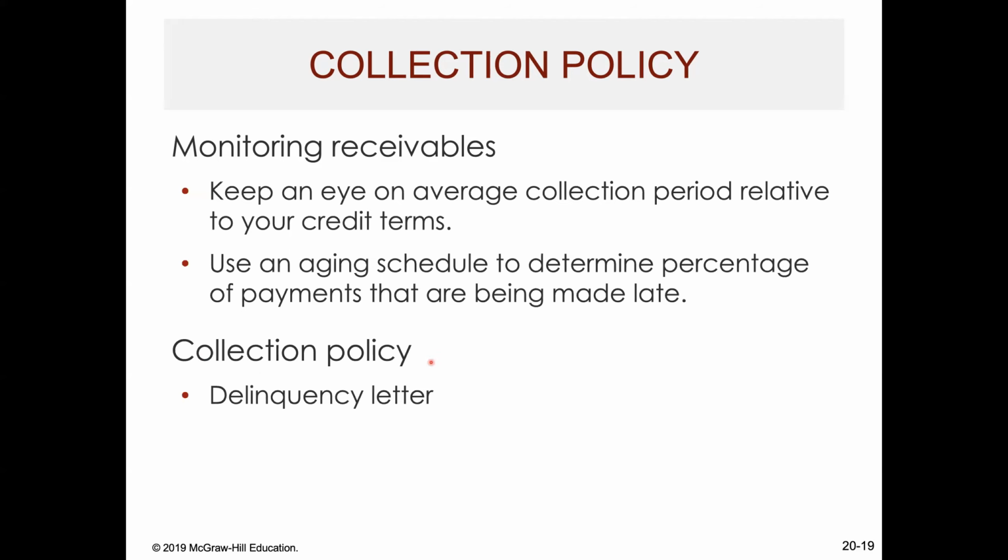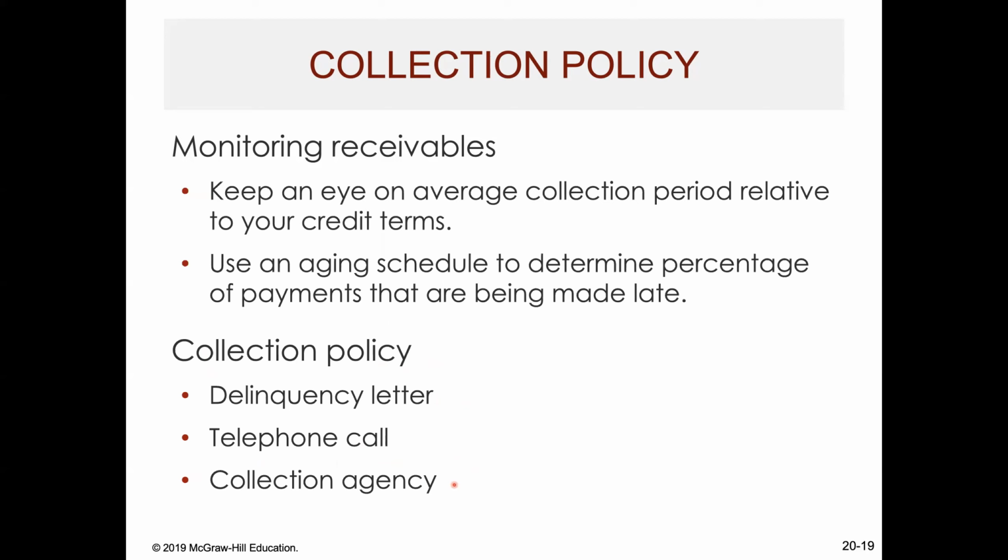There's also the process of collection. If a call doesn't work, we can also send a delinquency letter, the telephone call, and then if worse comes to worse, we can give it to a collections agency.